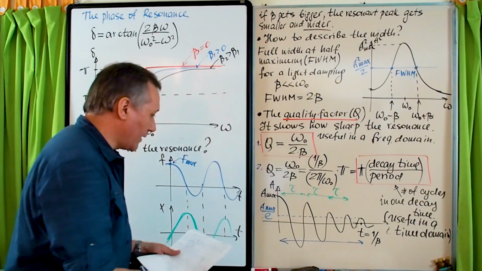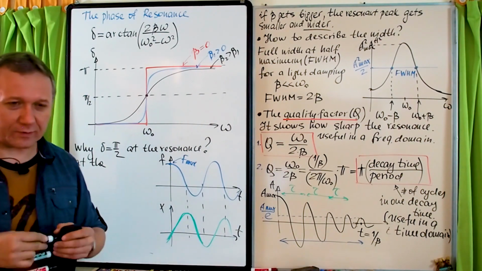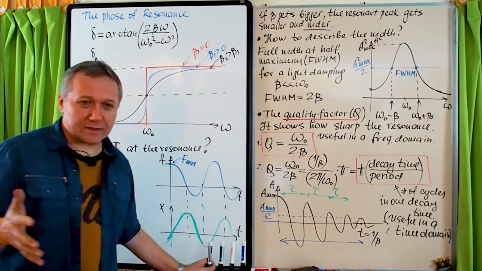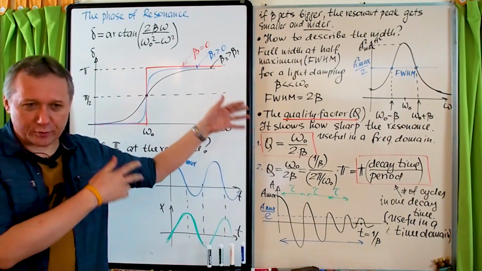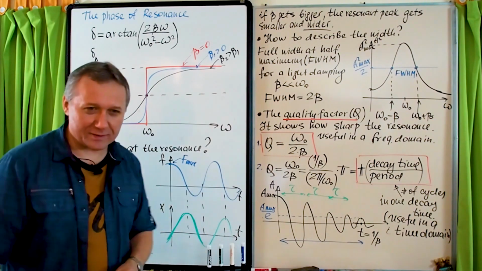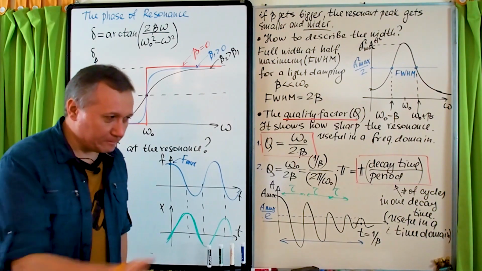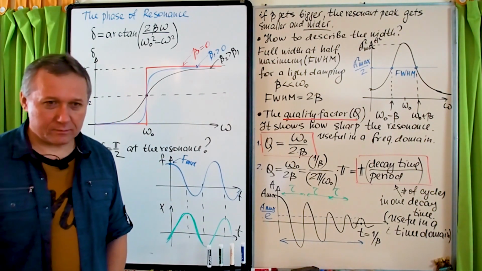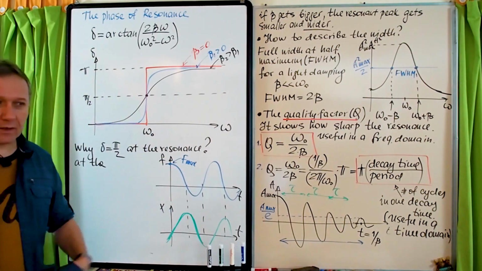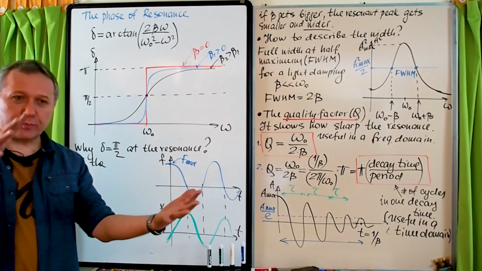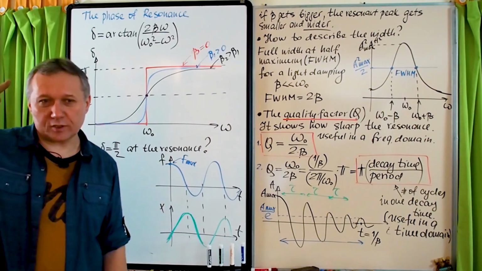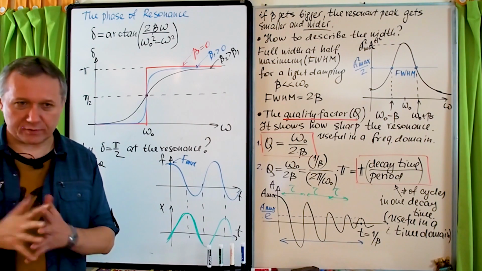And now, if I ask you, okay, I will put that in words. Let's say you have a child, and you want to entertain the child on a swing, right? So what is the most efficient way of pushing the child? Standing near the point where the child is at the maximum displacement from the equilibrium is not the most efficient way.